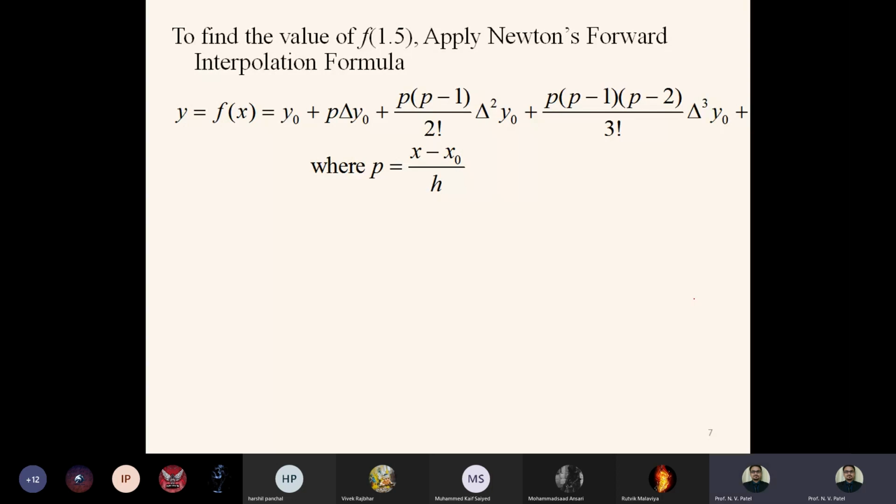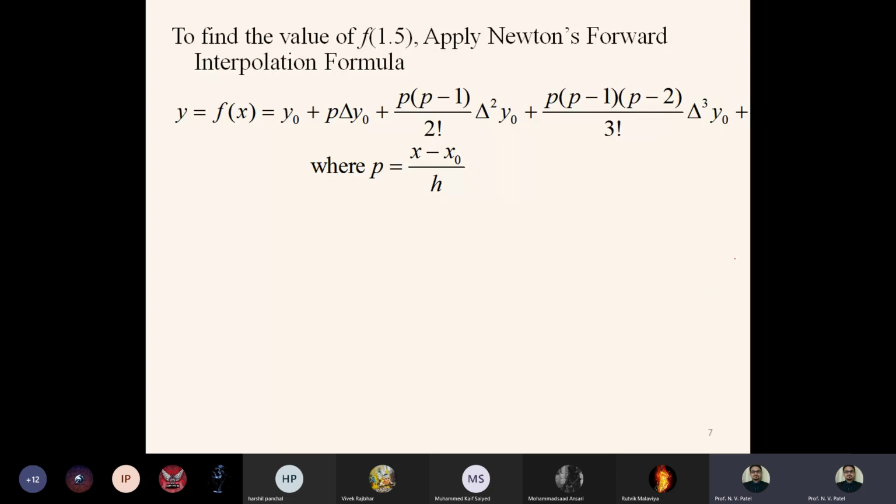So that formula is y is equal to f of x is equal to y0 plus p delta y0 plus p minus 1 by 2 factorial delta square y0 plus p minus 1 p minus 2 by 3 factorial delta cube y0 and so on. Where value of p is x minus x0 upon h.